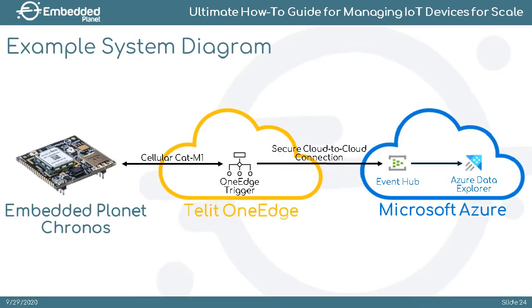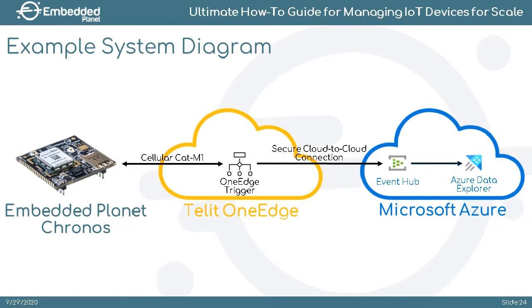So from a high level, what I wanted to show today is how the whole stack works with a OneEdge device enabled. We have a modem that has a Telit ME310 G1 on it that is OneEdge enabled. And using cellular Cat-M1 technology, it directly connects straight into Telit OneEdge, the backend.